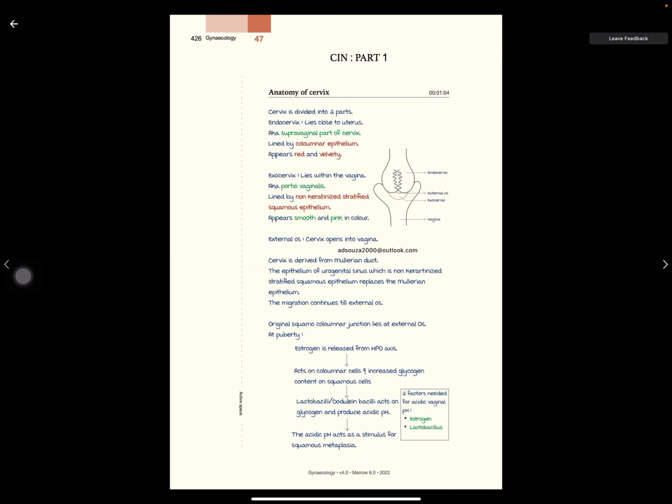Cervix, yeah. Relevant anatomy, we have endocervix, exocervix, not ectocervix. The endocervix is called the supravaginal part, and the exocervix is called the portio vaginalis.